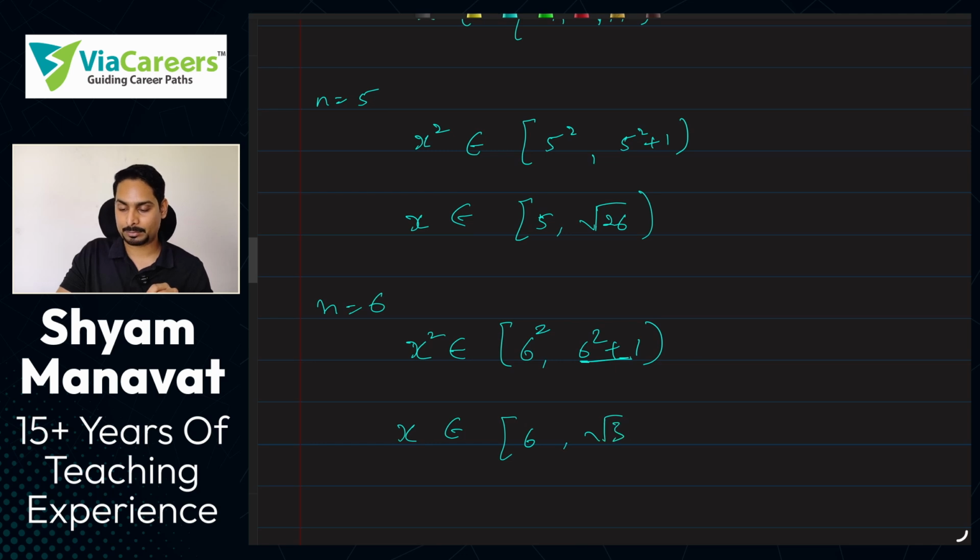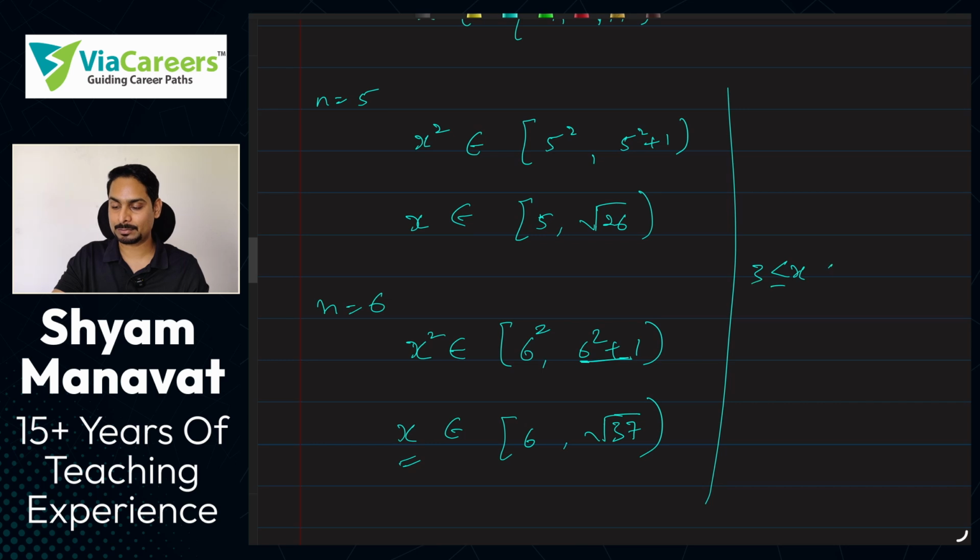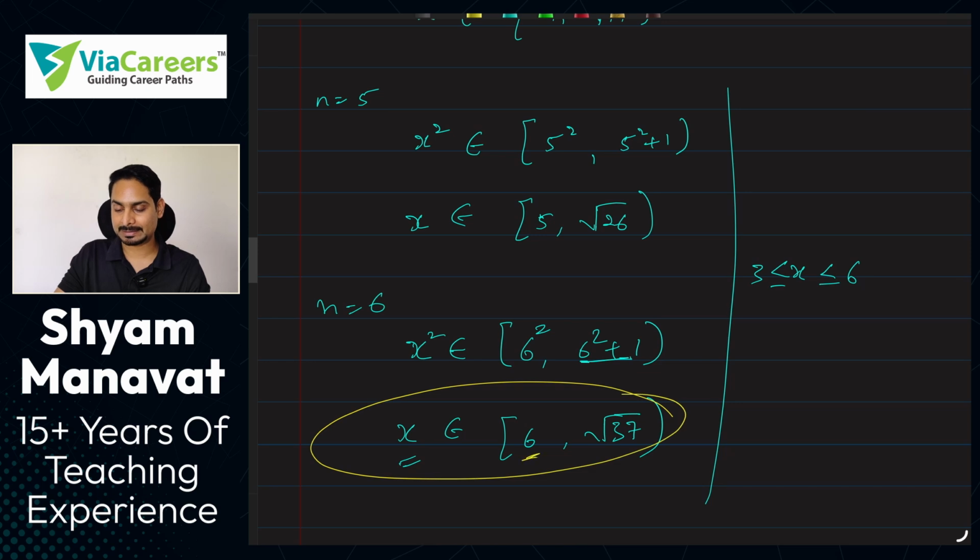It can belong up to this. But as per the question, x cannot go beyond 6. This is given in the question: x is between 3 and 6. x cannot go beyond 6. So from this set, you will only consider the value 6. So we have used functions, and we have used a little part of sets in this. So this is what we have used to solve this question.